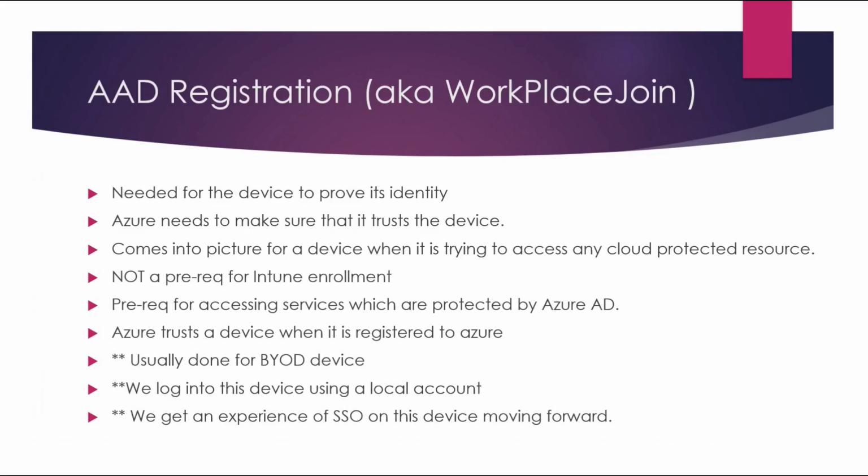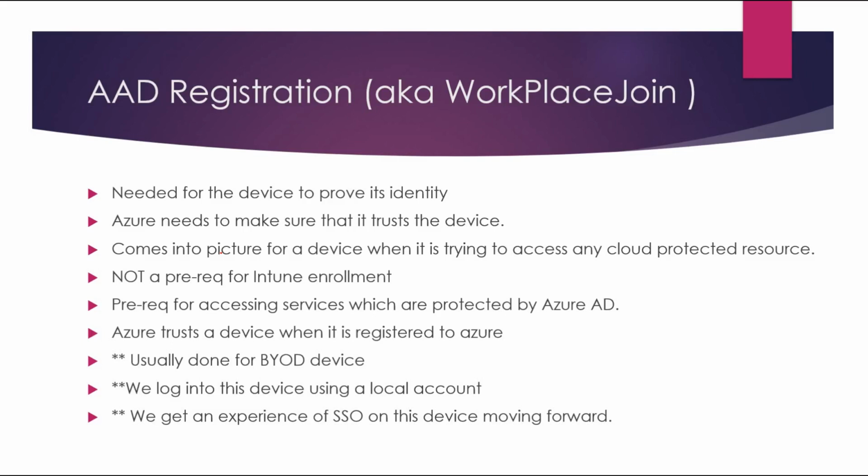Okay, all right. So Azure AD registered or workplace join is used because of the following reasons. Let's just say that we have a device, and from that device we are trying to access any application which is there in Azure. The user is authenticating, entering his username and password, after which Azure is making sure that, okay, this is a legitimate user.